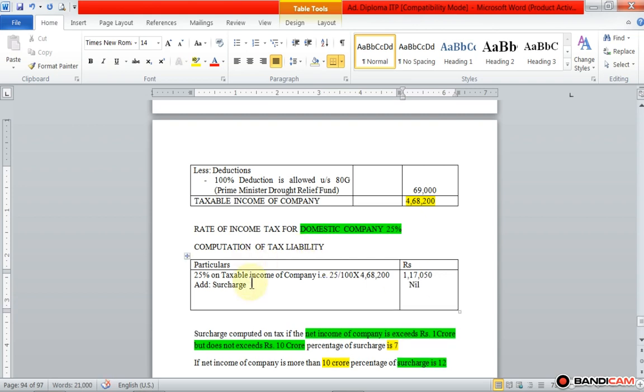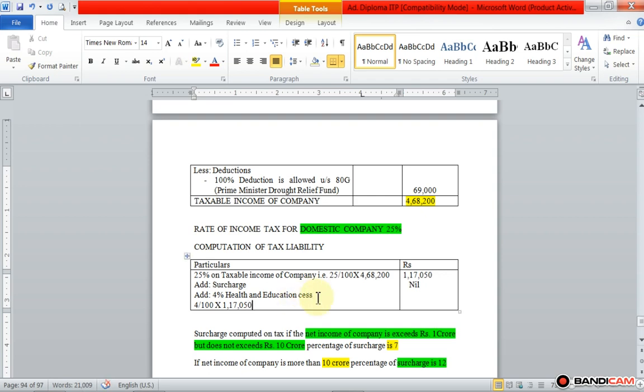Then we add 4% health and education cess on tax. Here 4 divided by 100 multiplied by 1,17,050.